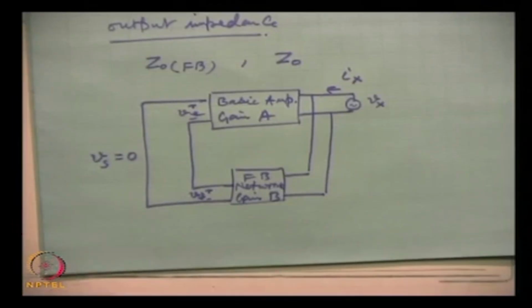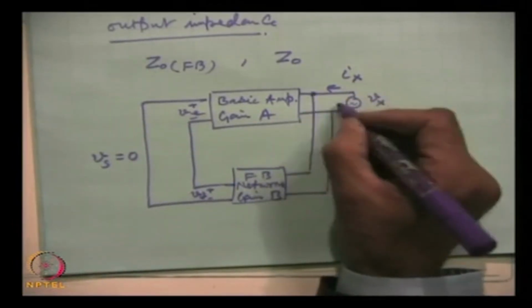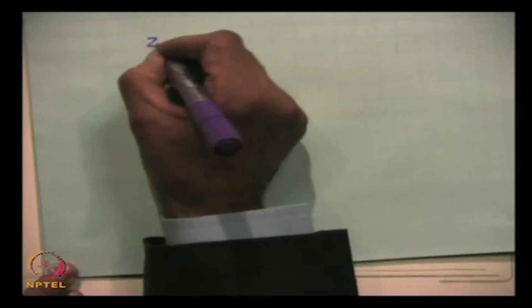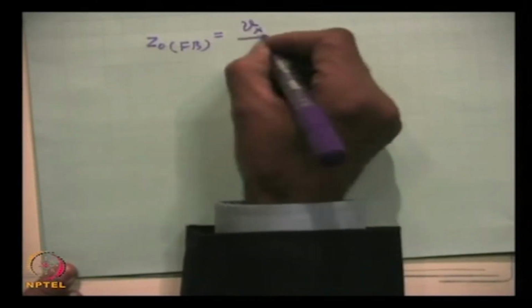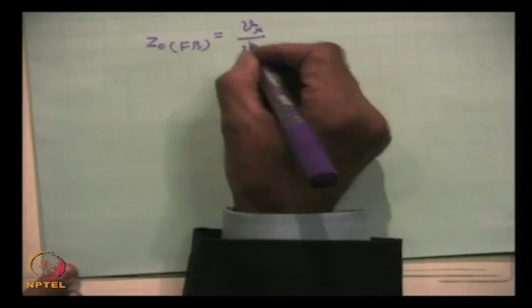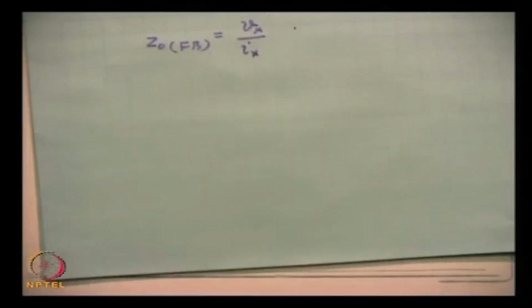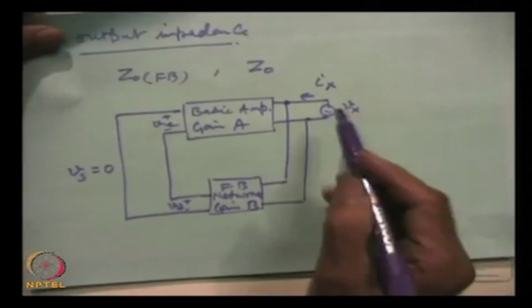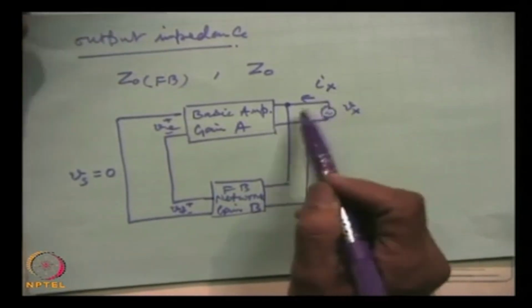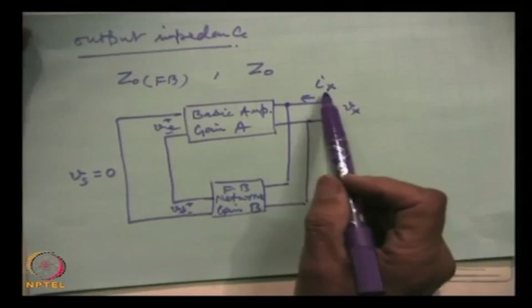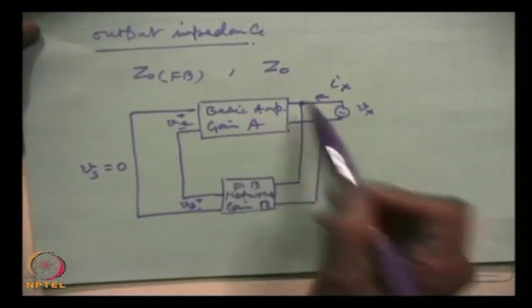This is the return signal Vf. The output impedance with feedback is equal to the ratio of the test signal and the resulting current Ix. This is the test signal, this is the current which is generated, and the amount of current will depend obviously on the output impedance of the circuit.